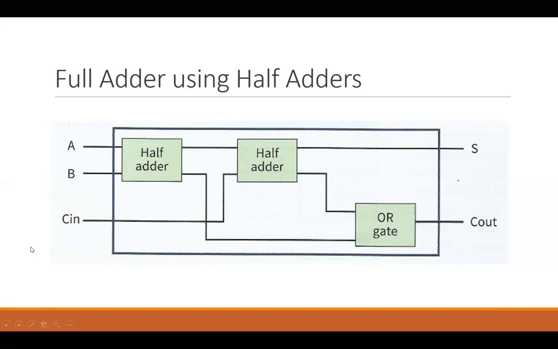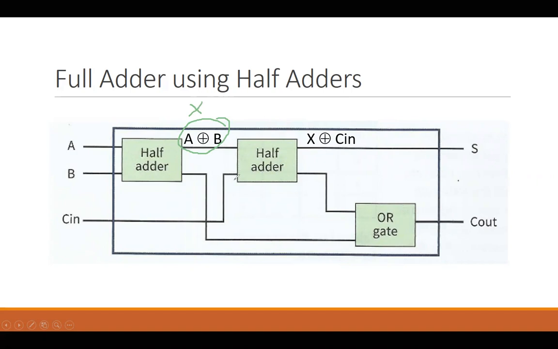But as we remember from our half adder equation, this half adder is actually A XOR B. The sum bit is being generated here. The sum bit of a half adder was A XOR B. Now let's call this whole part X. And as this line is telling us, this half adder is again generating a sum bit, but this sum bit is generated taking the output X and this C in.